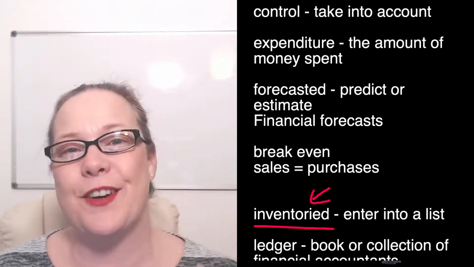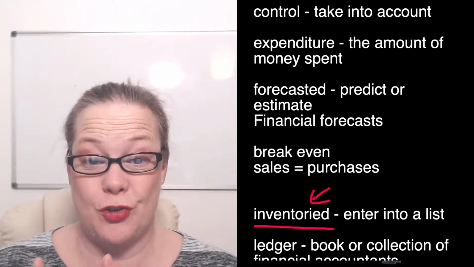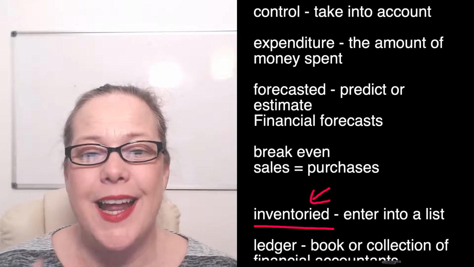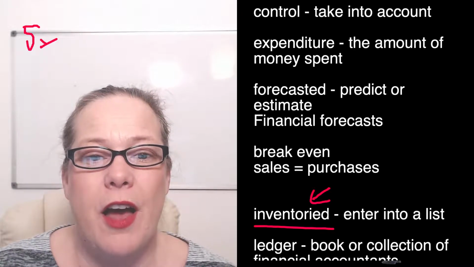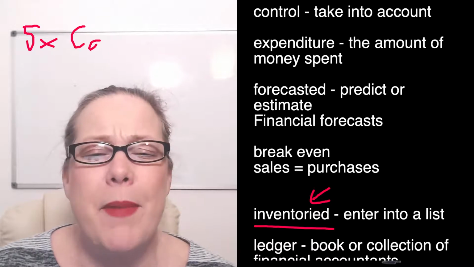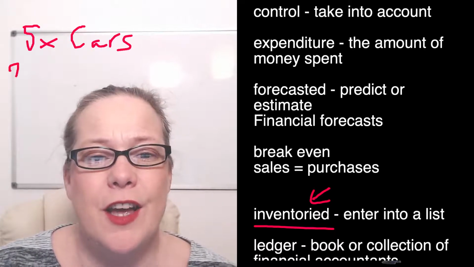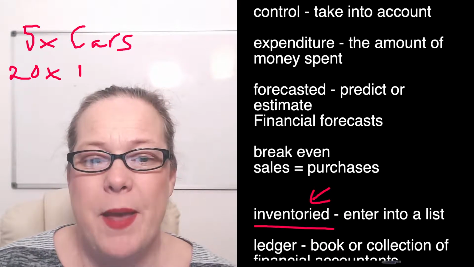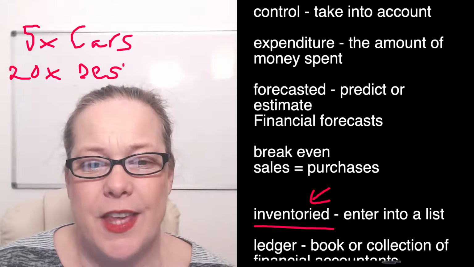inventoried, okay, inventoried. So when you do an inventory, you create a list of something. Let's say stock. So you would have, like, I don't know, 5 cars. I'm making this very, very simple, okay? 5 cars, 20 desks. Okay, maybe this is what you're buying for your business for the year.